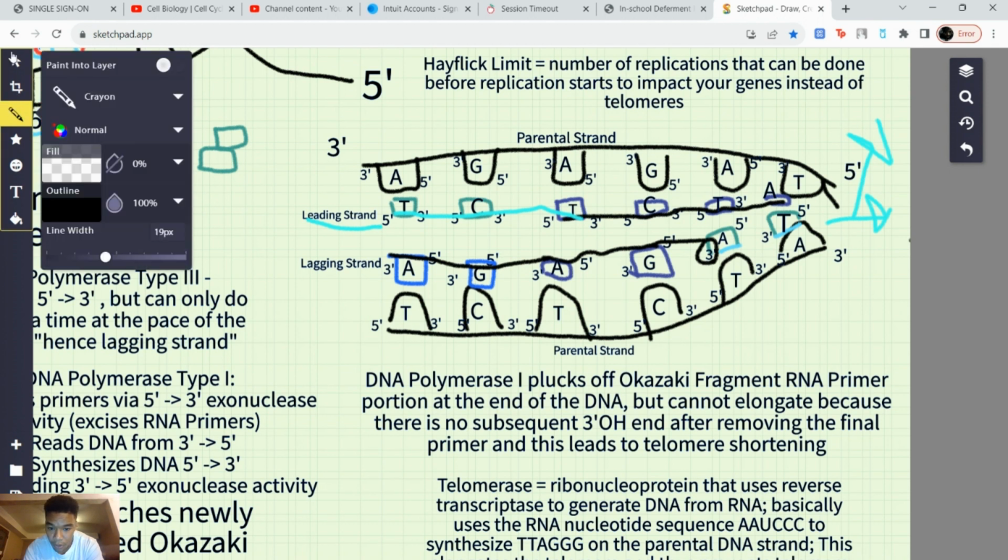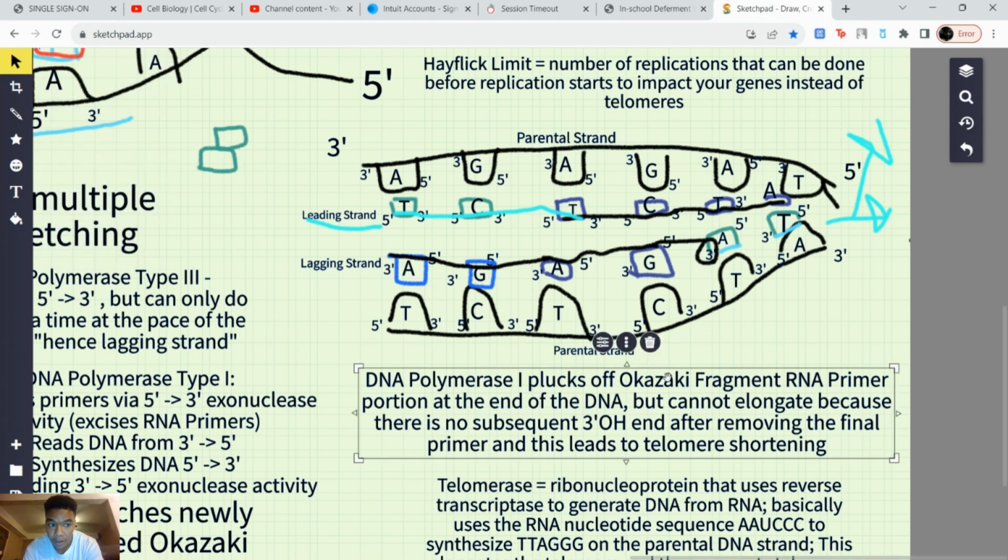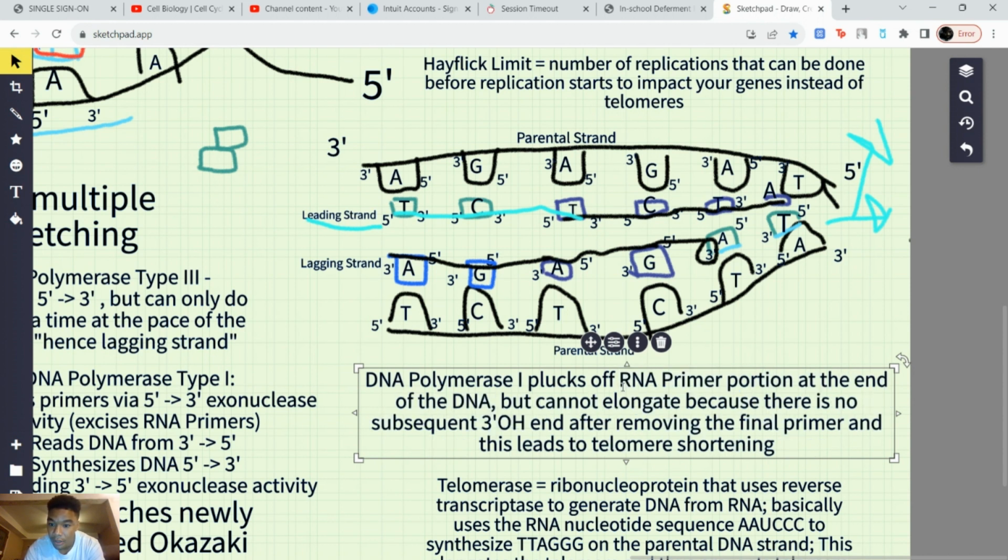DNA polymerase 1 plucks off, oops, that's not right, plucks off the RNA primer portion at the end of the DNA, right? So this is the end of the DNA.